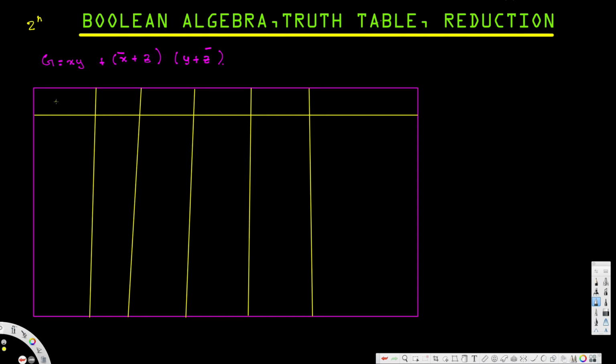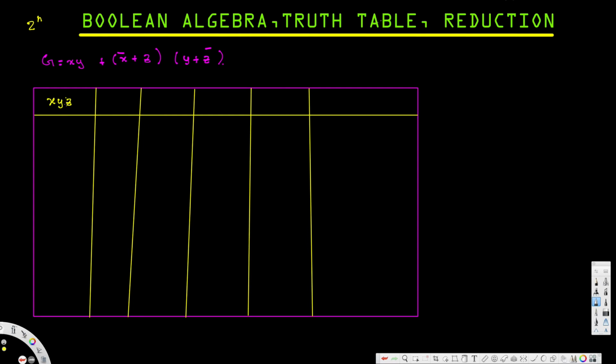So first let's go with the combinations. We have three different terms, XYZ. So as we have seen before, when we have three different terms, it's 2 power 3. So we are going to have 8 different combinations, because 2 power 3 is 8.